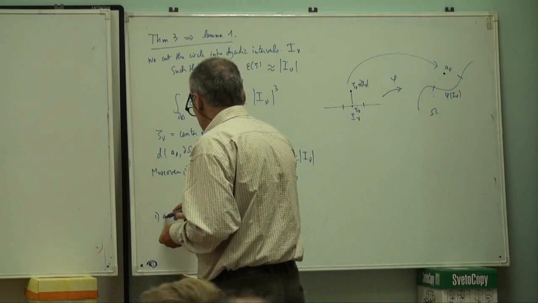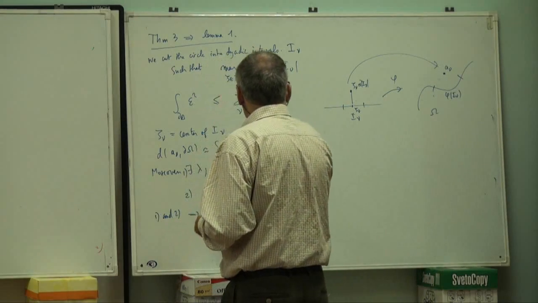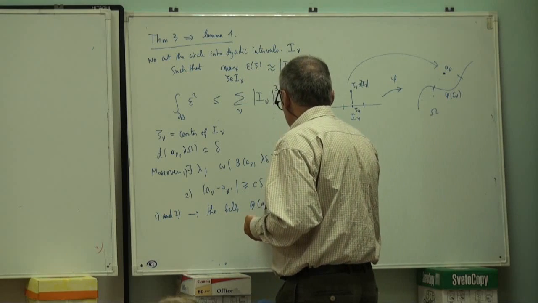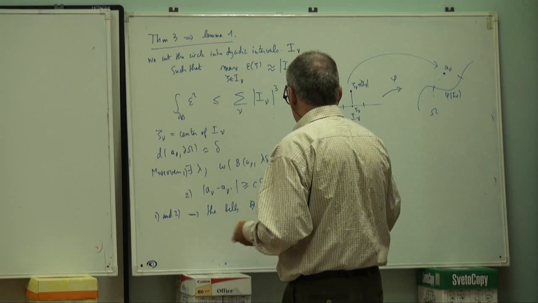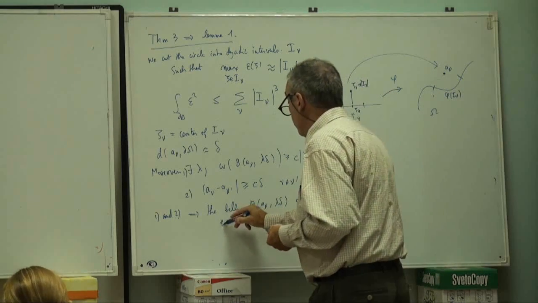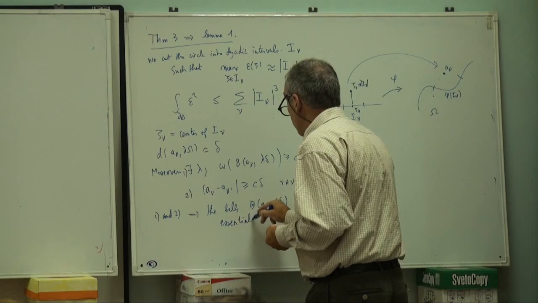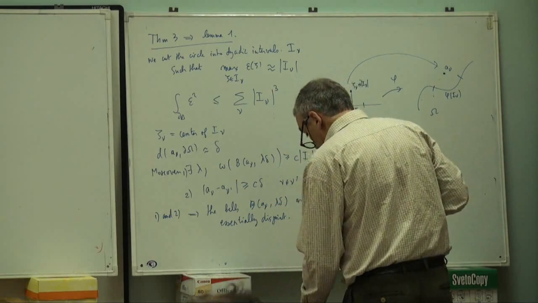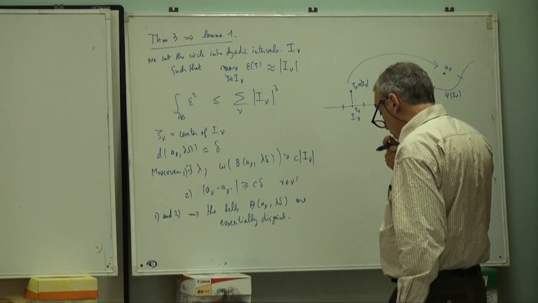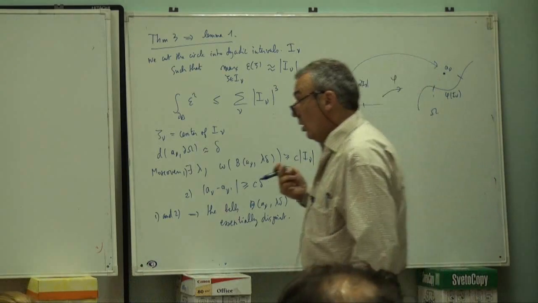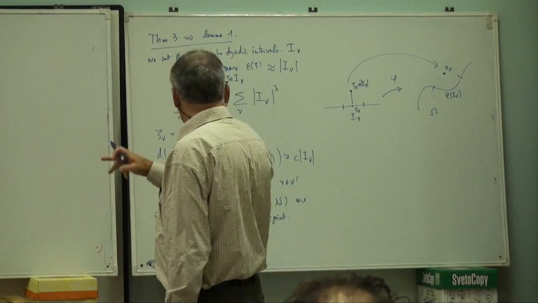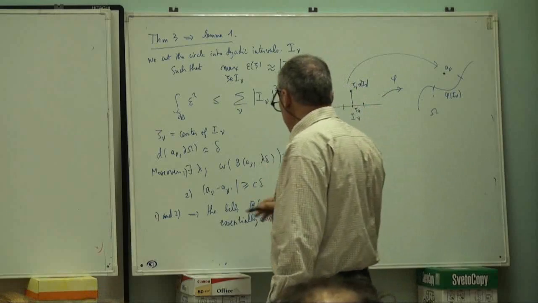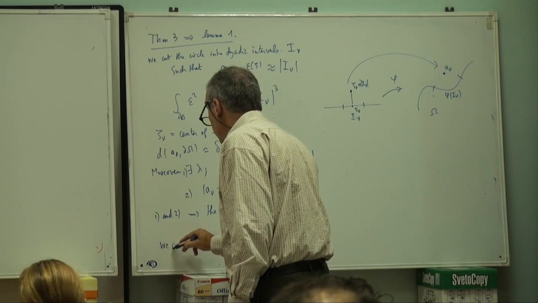Okay? So 1 and 2 imply that the balls B of A nu, lambda delta are essentially disjoint. Okay, they all have the same radius. And so we can apply theorem 3.